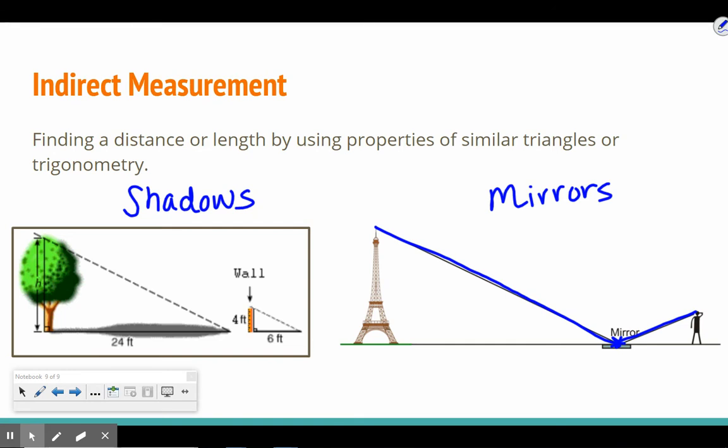You can use your distance from the Eiffel Tower to the mirror, and your distance to the mirror. Obviously, you know how tall you are, so you can set up a proportion to figure out how tall the Eiffel Tower is. And yes, this actually works, and there is an activity that we do involving a mirror and finding different lengths.